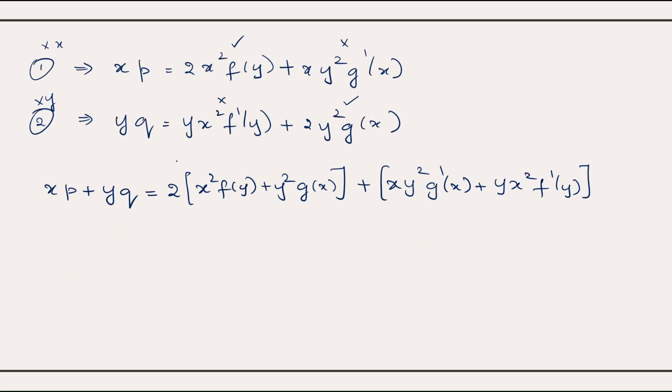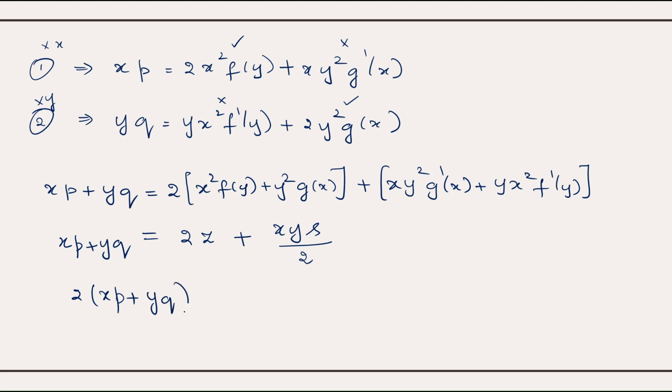So this is equal to 2 into z plus xys divided by 2, and that is equal to xp plus yq. This is the equation where we have eliminated the arbitrary functions f and g, and now we can cross multiply so that the equation becomes 2 times (xp plus yq) is equal to 4z plus xy into s.